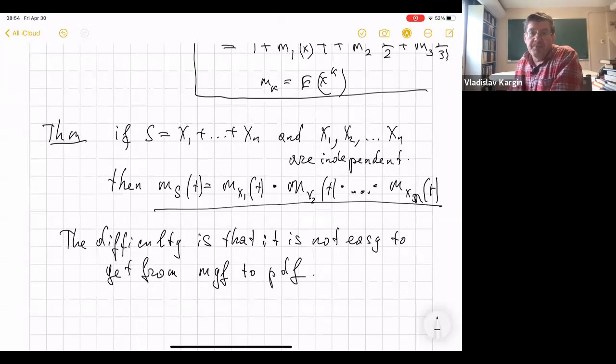So if you're really interested in analytical functions, then it's better that you recognize this MGF as the MGF of something which you already know.